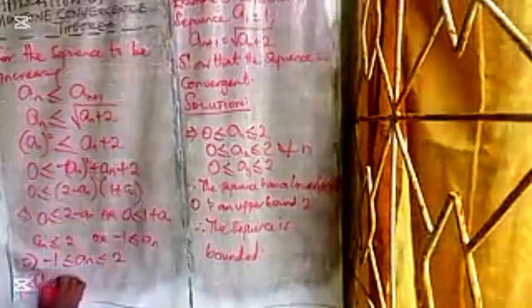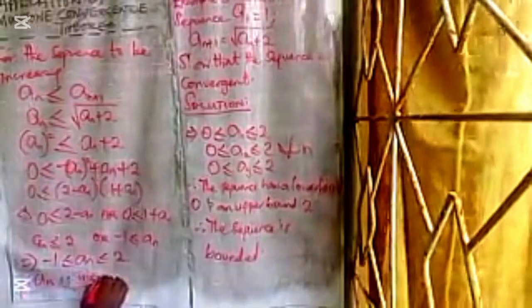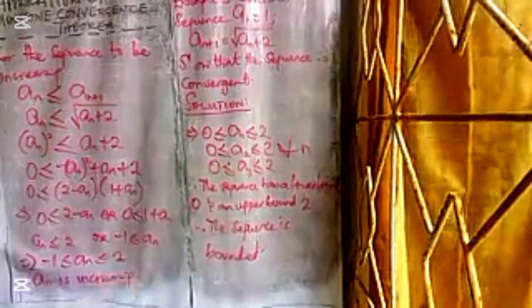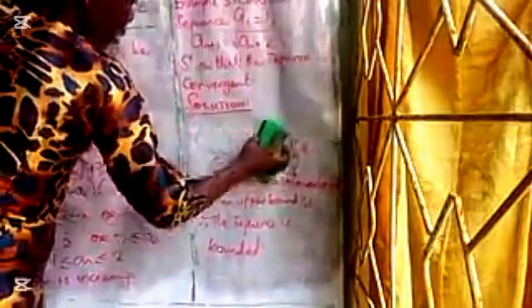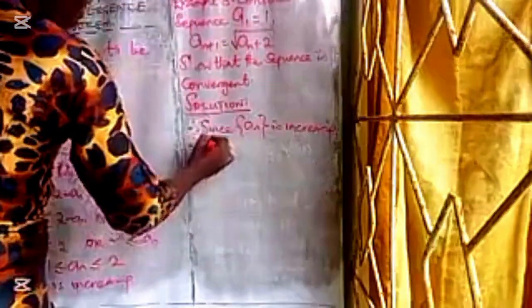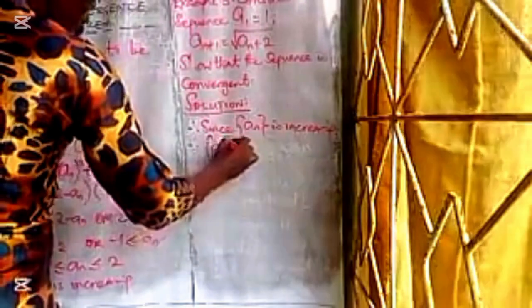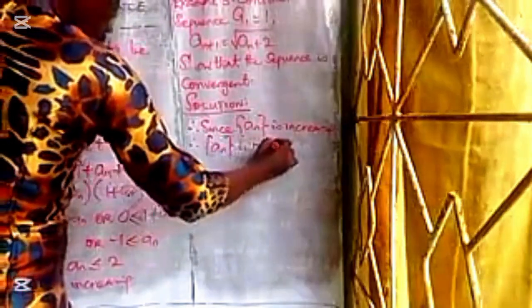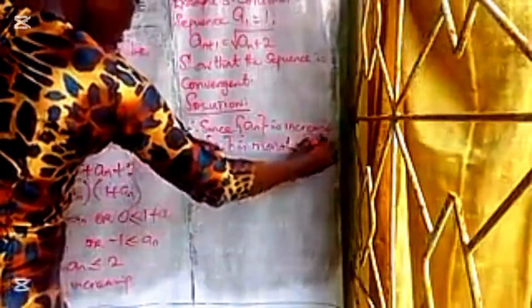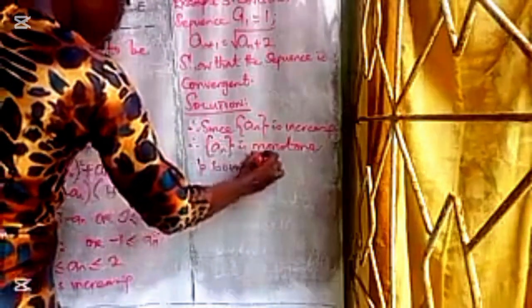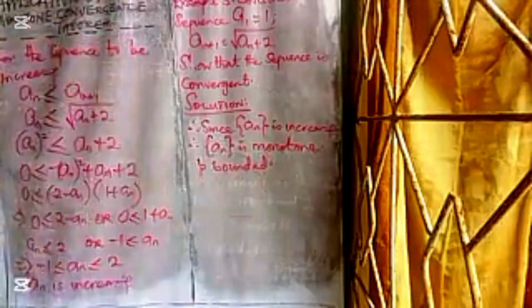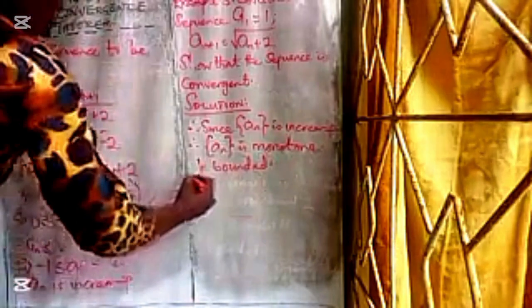Therefore, a_n is increasing. And since a_n is increasing, therefore, a_n is monotone and bounded, as we have initially shown before.